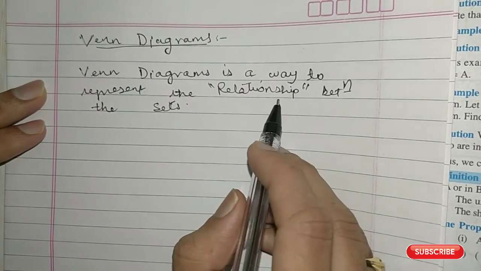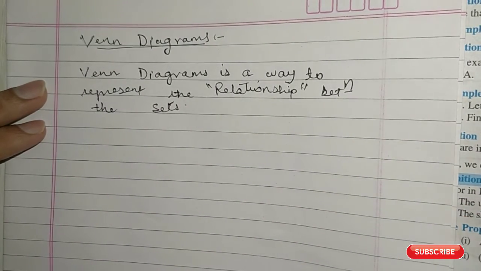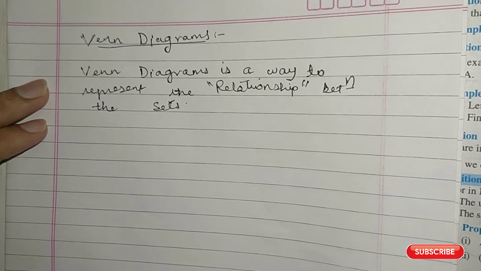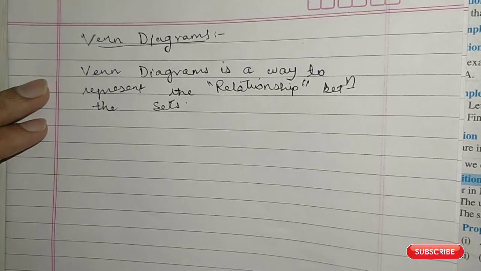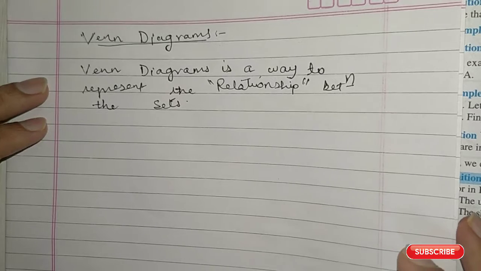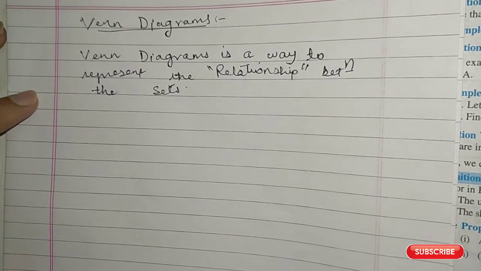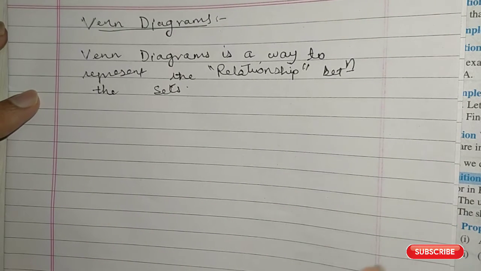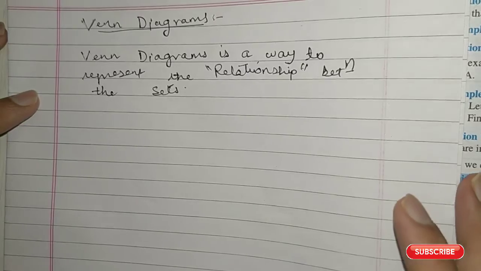Okay, relationship means we will study what those are. So you have something called union, intersection, and difference, that we will study later. But Venn diagrams are generally a way to represent the relationship between the sets.